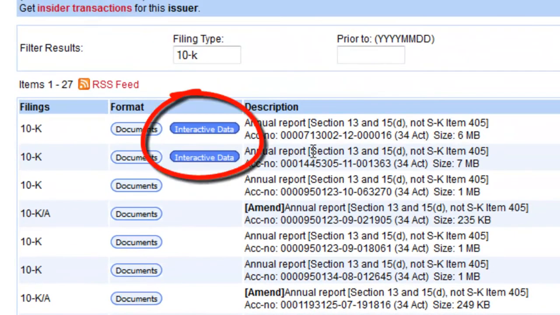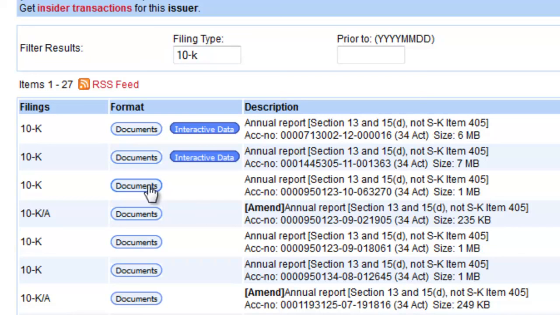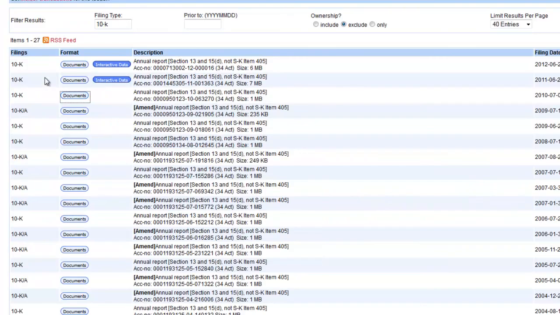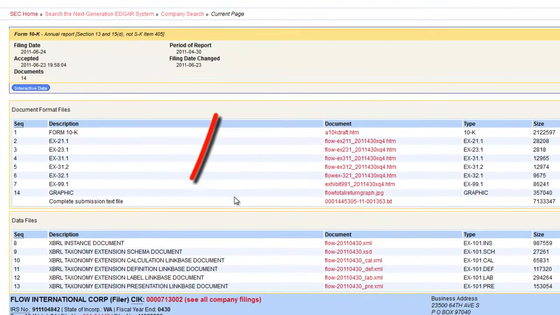And notice these two blue links that say interactive data. The third, fourth, and on, they don't have this. And here's why. If we click on the third 10K, notice that we don't have data files. If we click on the second, we have data files.